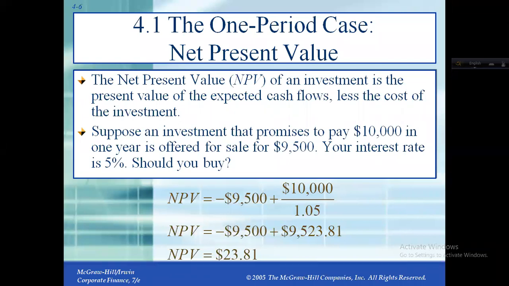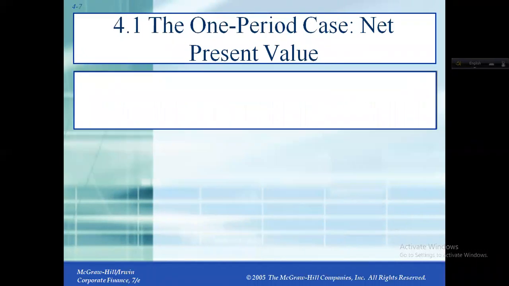So we got the present value of cash inflows is 9,523 and the invested value or outflow is 9,500. So the NPV is 23.81. That is a positive value. If NPV value is positive or 0, then the project or investment will be accepted. If the NPV value is negative, then the project will be rejected.